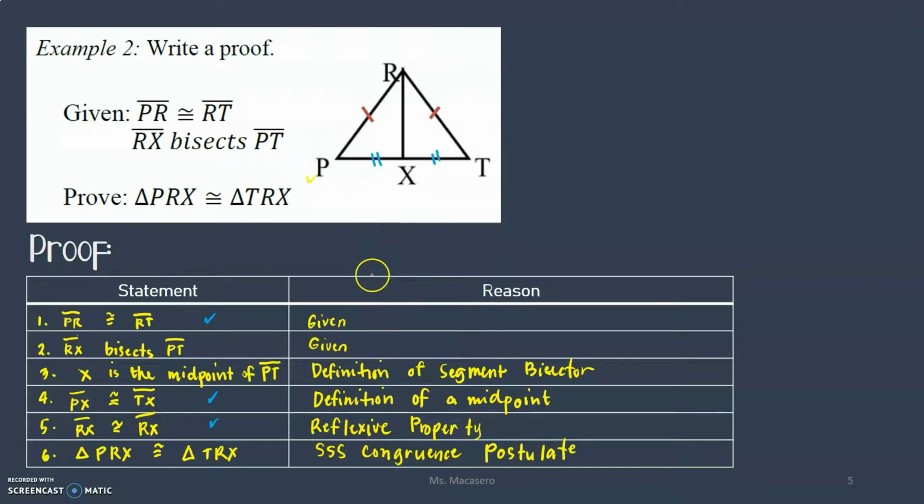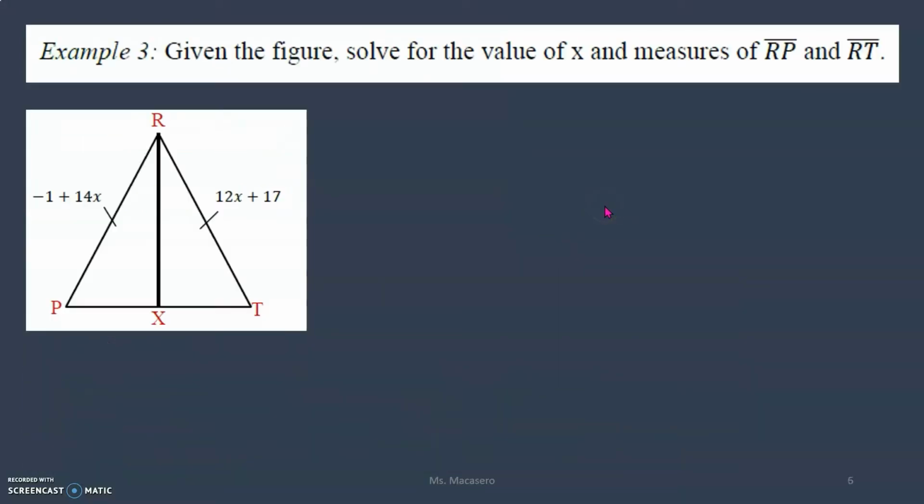Alright, now that we are done, let's proceed to our next example. So we have here given the figure, solve for the value of x. This time we are not proving, but instead we are solving for the value of x to find the measure of segment RP and segment RT. So we are looking for the measure of this side and this side.